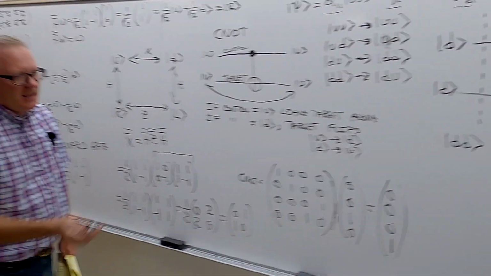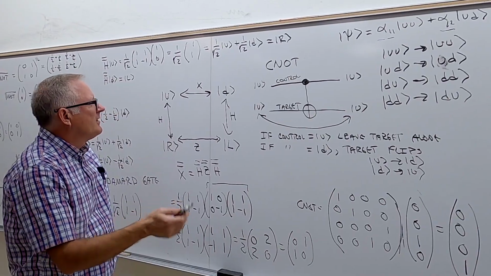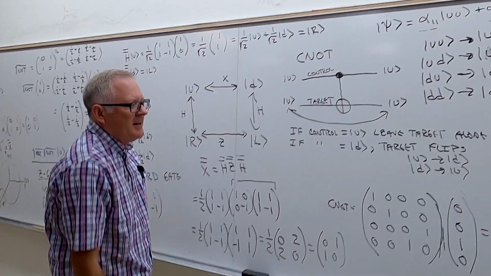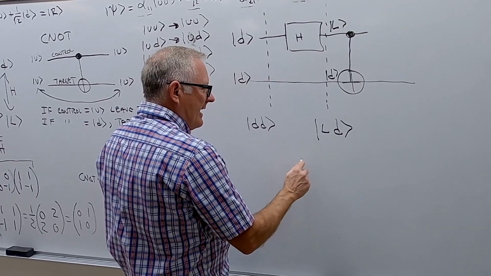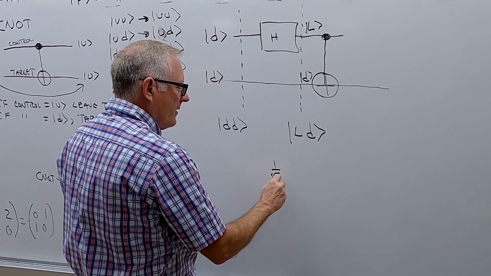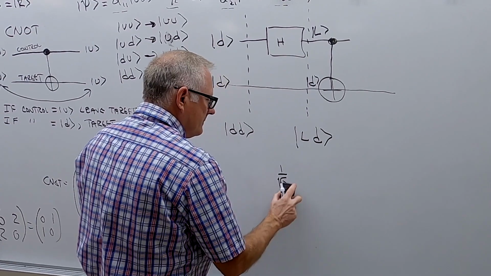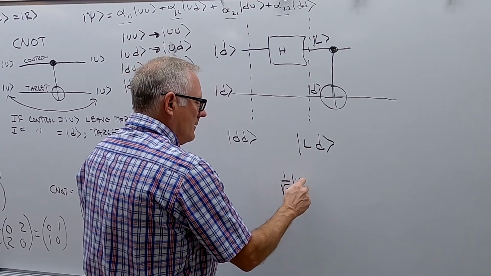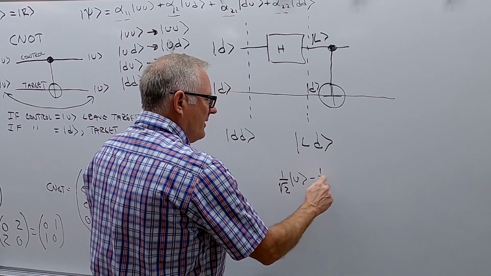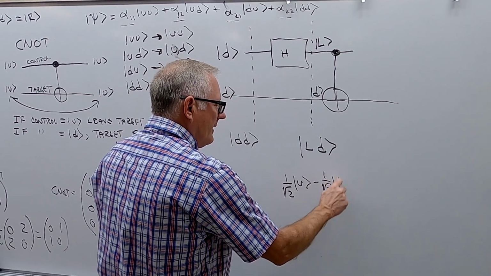Now, just so I have them all as ups and downs, let me turn that left into an up and a down. If I turn this left into ups and downs, remember that was 1 over the square root of 2 up minus 1 over the square root of 2 down.